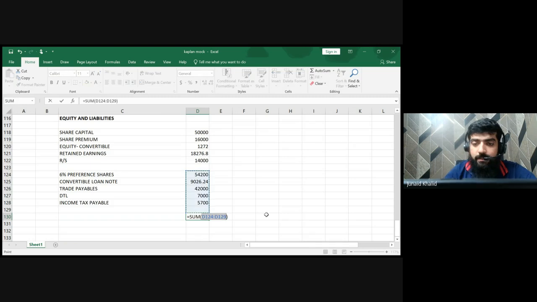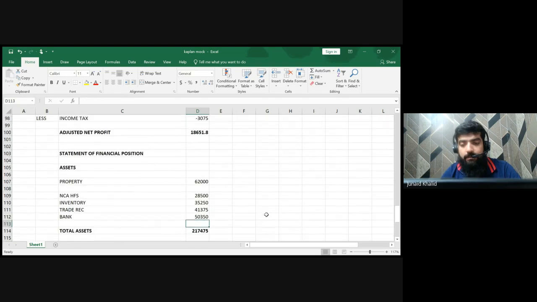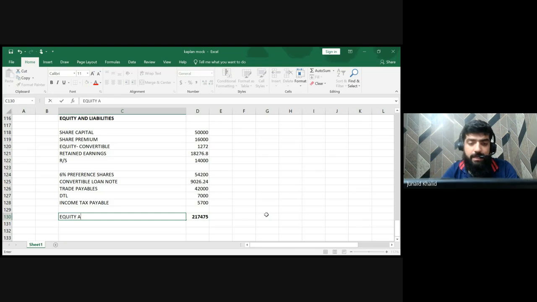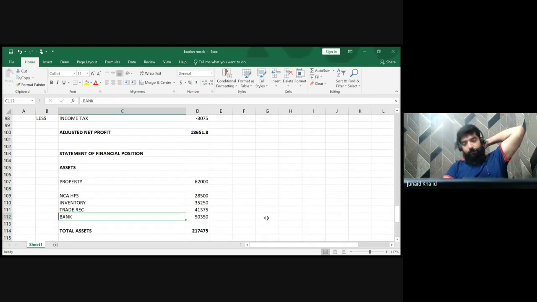Okay. Let's try to total it. 217,475. That is the equity and liabilities. So on the balance sheet, both sides are equal. Are you getting a point?